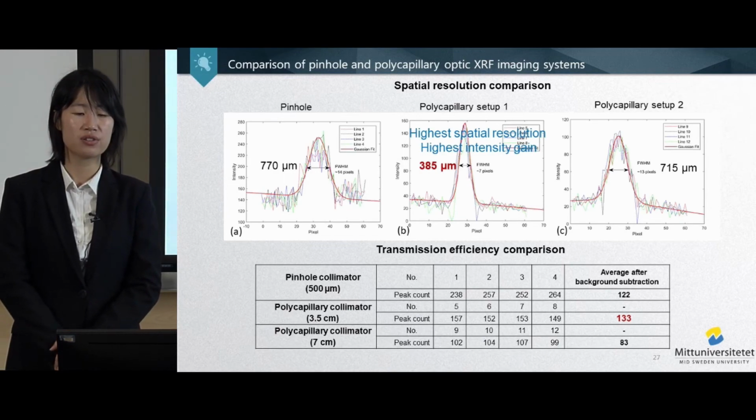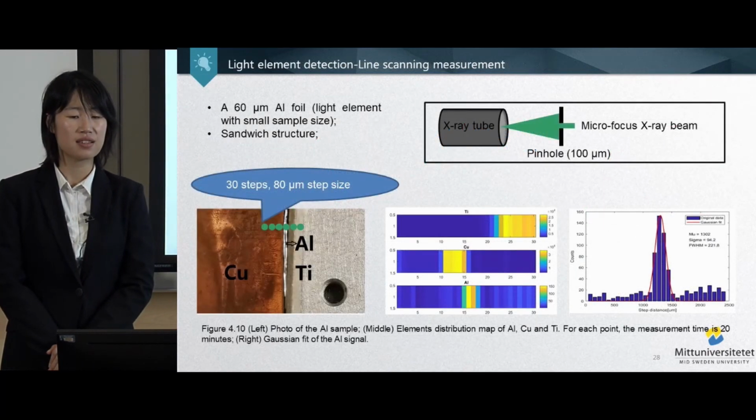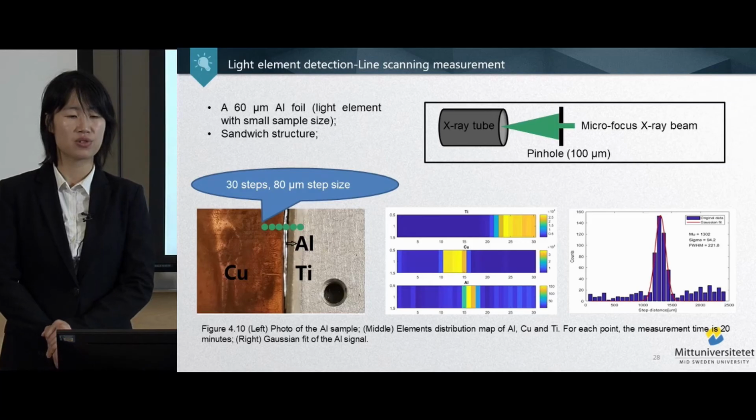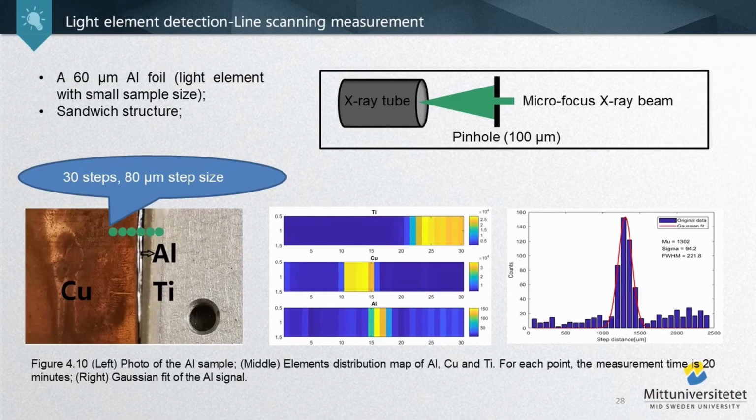In the end, in order to verify the feasibility of the setup for light elements, aluminum foil was measured, and it is placed between a copper plate and a titanium plate as a sandwich structure. The X-ray beam is a broad beam, so we use a 100 micrometer pinhole to focus and collimate the X-ray beam to a smaller focus spot.